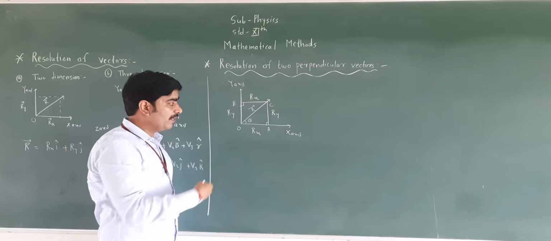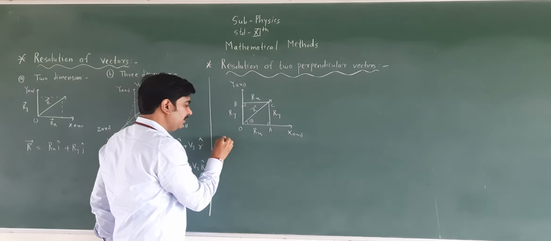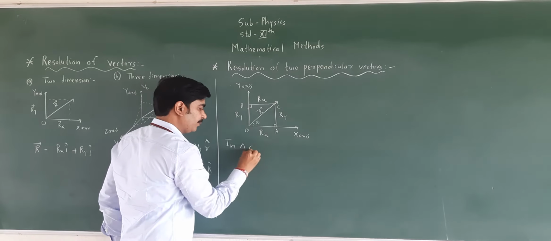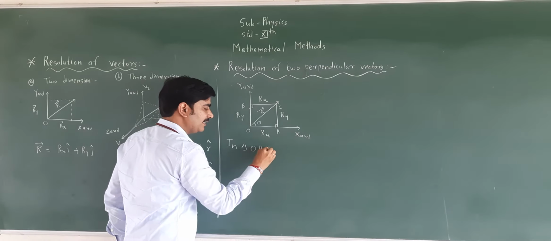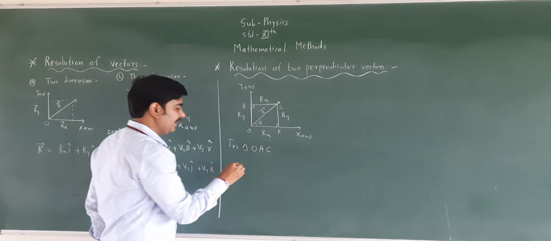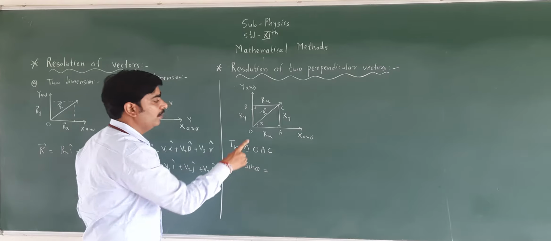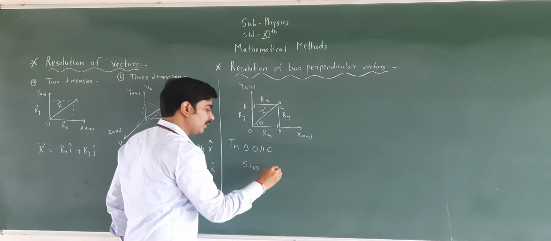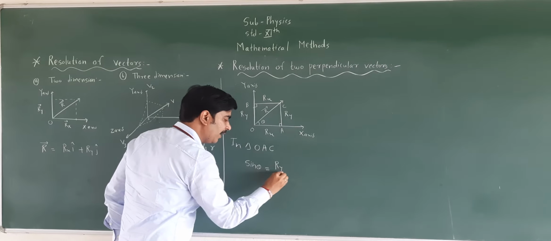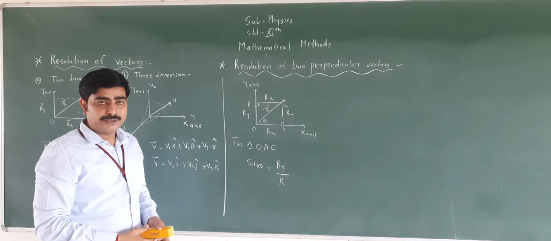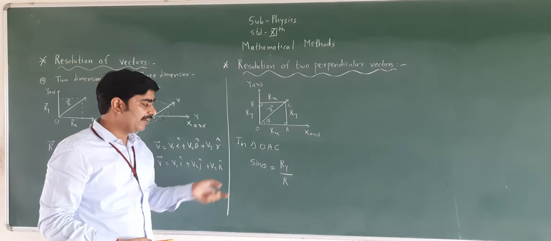After that you should begin the equation: in triangle OAC, sin theta is equal to opposite side divided by hypotenuse. So you can write ry upon r. Remember, do not write the vector symbol because we are taking it in terms of the magnitude.